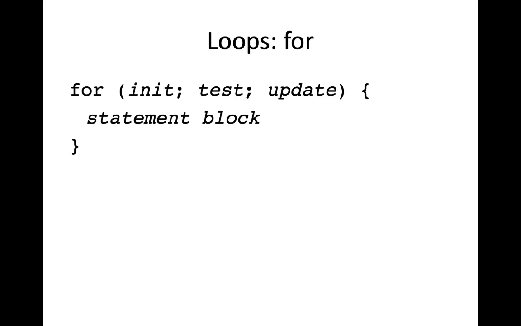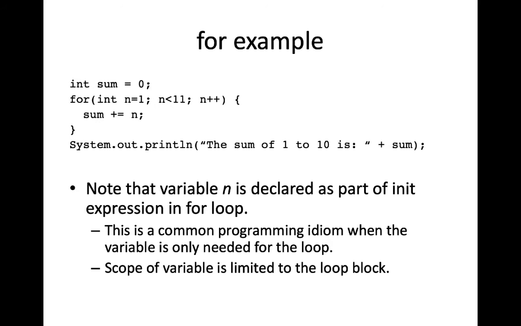Right? So that very same while loop could be rewritten as this for loop, where I start off with my summing variable as int sum equals 0. And now notice, instead of having a local variable n outside of my loop, I am now declaring that int n inside my for loop. This is nice because it limits the scope of this variable to just be the for loop.